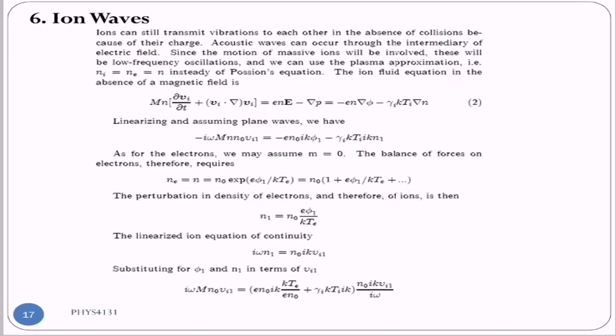Then the ion fluid equation in the absence of a magnetic field can be written as mn partial vi over partial t plus vi dot del vi is equal to en times the electric field vector minus del p, which is equal to minus en del phi minus gamma i kTi del n.